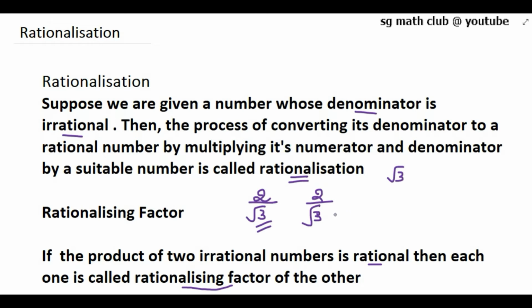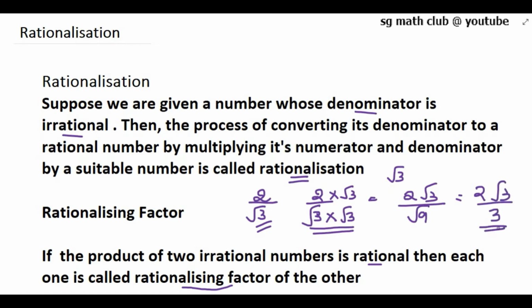I will multiply the numerator and the denominator by root 3. So the numerator will become 2 root 3, but the denominator is root 3 into root 3, which is root 9, and the square root of 9 is 3. So I don't have an irrational number in the denominator.